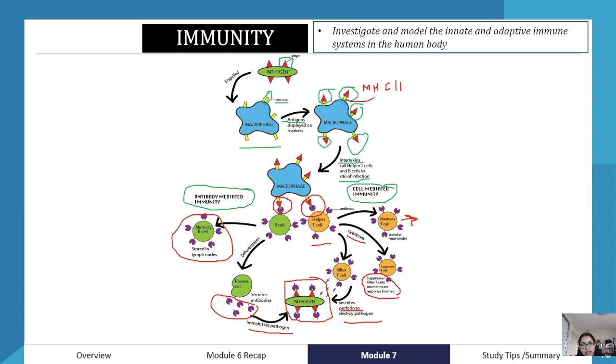Right there, these yellow thingies, right? And then after that, they go ahead and they call the helper T cells and B cells. And once these cells come, they make these antibodies that can then go ahead and latch on to all the antigens, all the pathogens. You know, the pathogen has replicated by now, so go ahead, latch on to the pathogen and deal with it. That is the whole process.